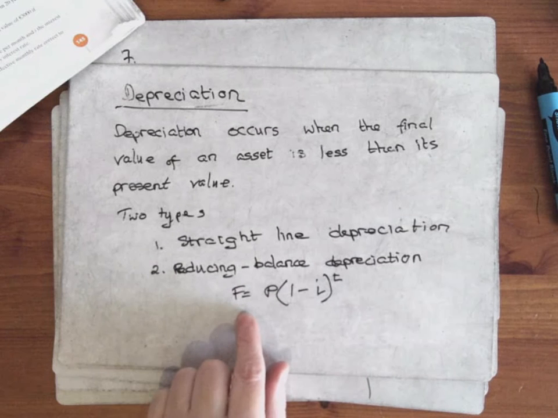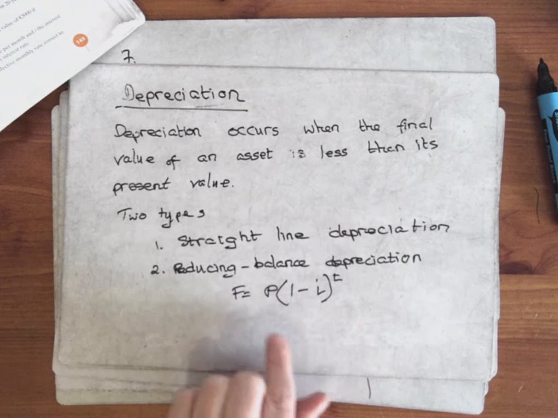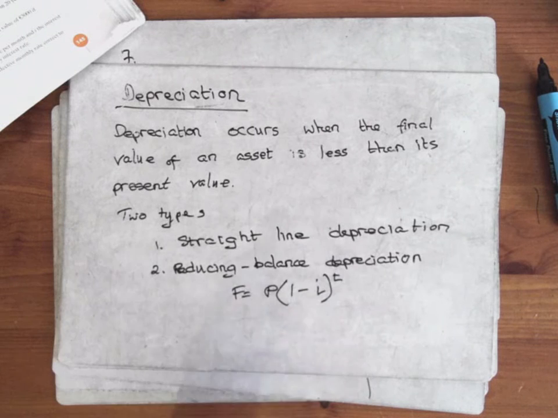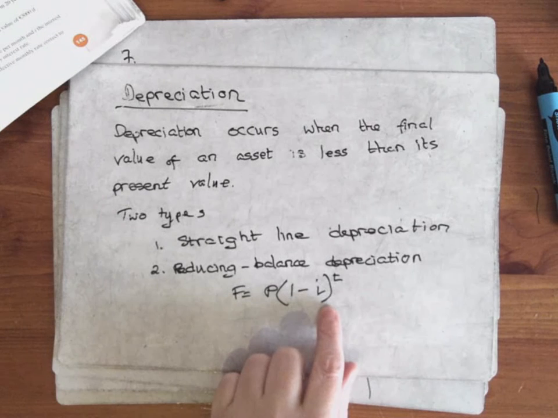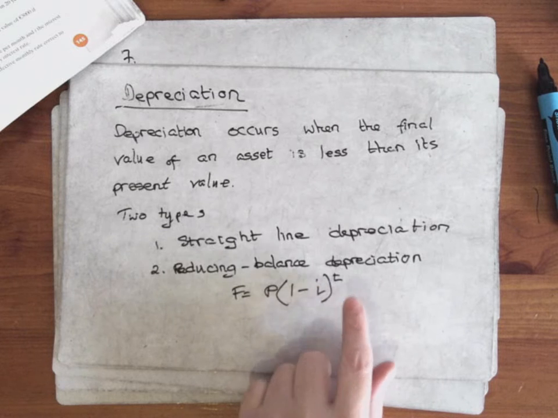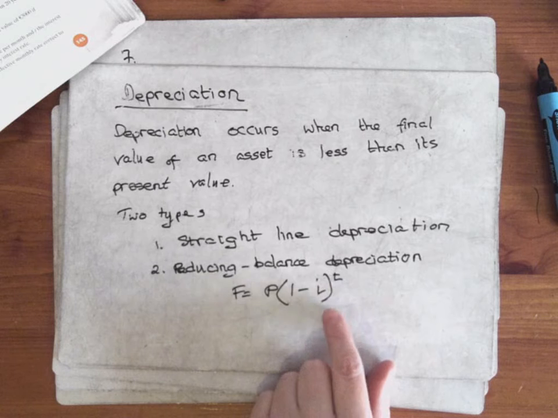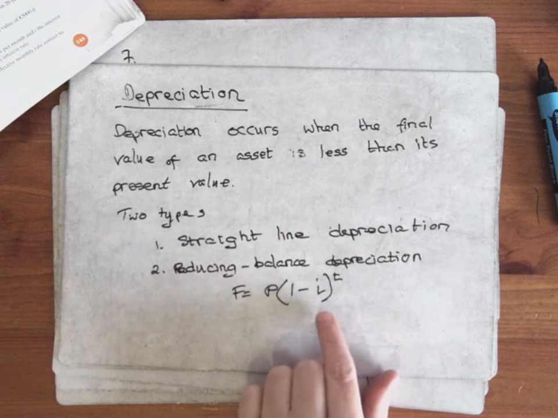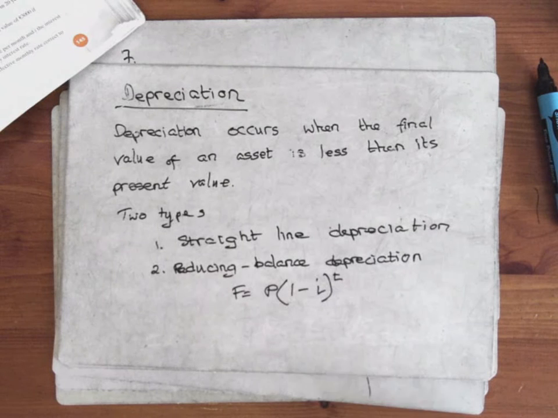So F is the final amount, P is the original value, the principal, we called it, the original value of the car or the computer or whatever you're talking about. I is the interest rate written as a decimal, and T is the time in years if it's a yearly interest rate, okay? If they give you a monthly interest rate, it has to be in months. The interest rate and the time have to correspond, okay? Are we good with that? Can I move on to the next one?